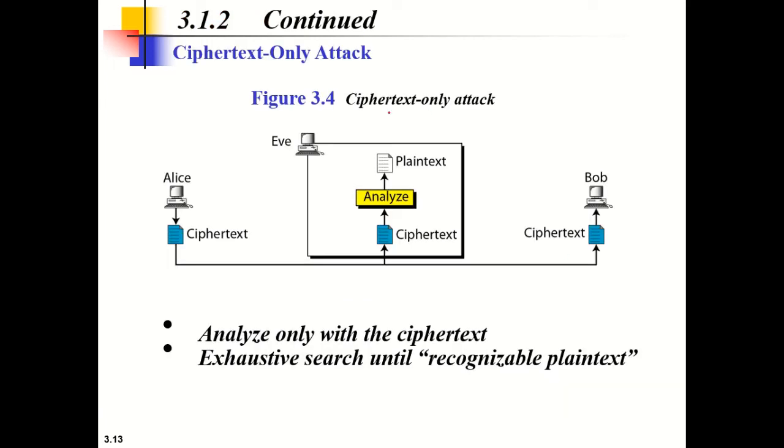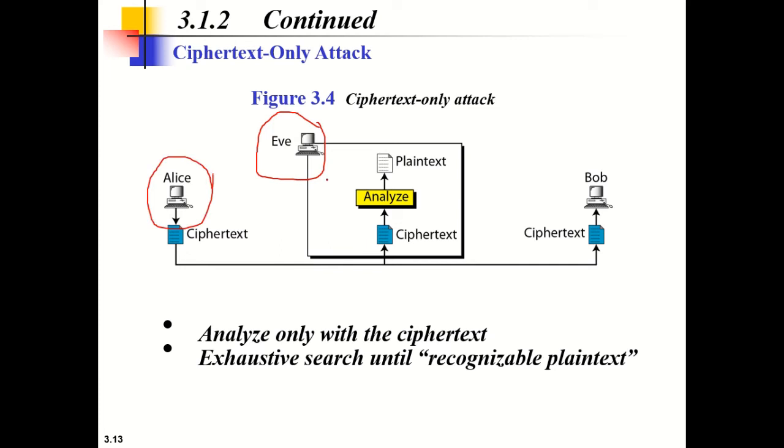Now this is the ciphertext only attack. In this kind of attack, the intruder Eve comes here, which is the intruder trying to access the message which Alice is sending.